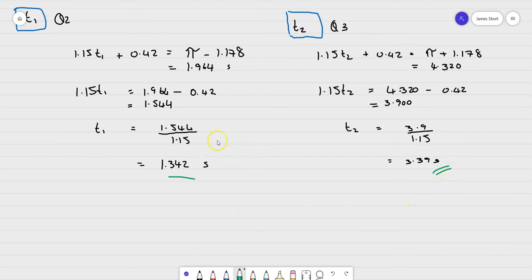So we can see, in fact, that T1 was the first solution when y equals the height that we're after.